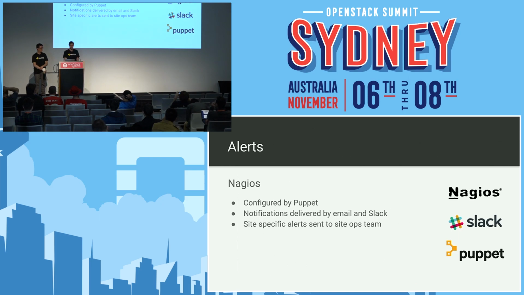We have Nagios configured to send us alerts by email and recently by Slack. The Slack one's interesting because, especially with the site tests that we have, tests that are specific to the sites, we're able to deliver alerts through Slack to a channel that's specific to that team.